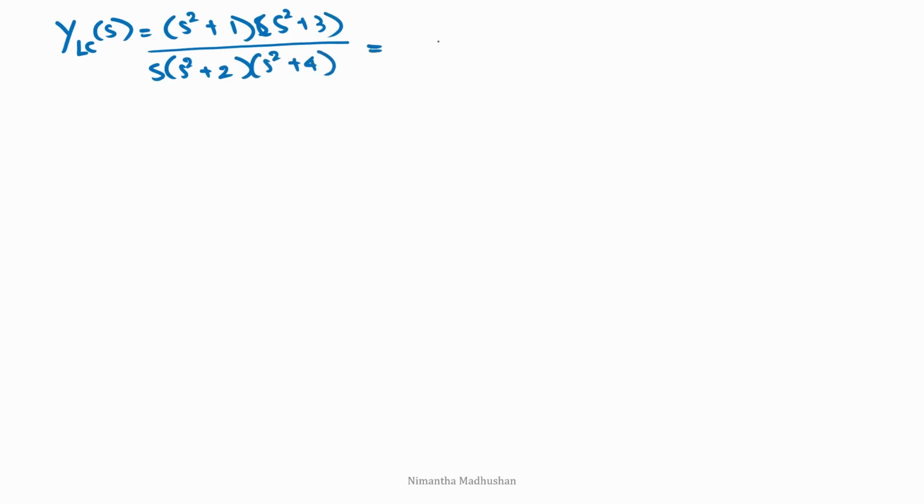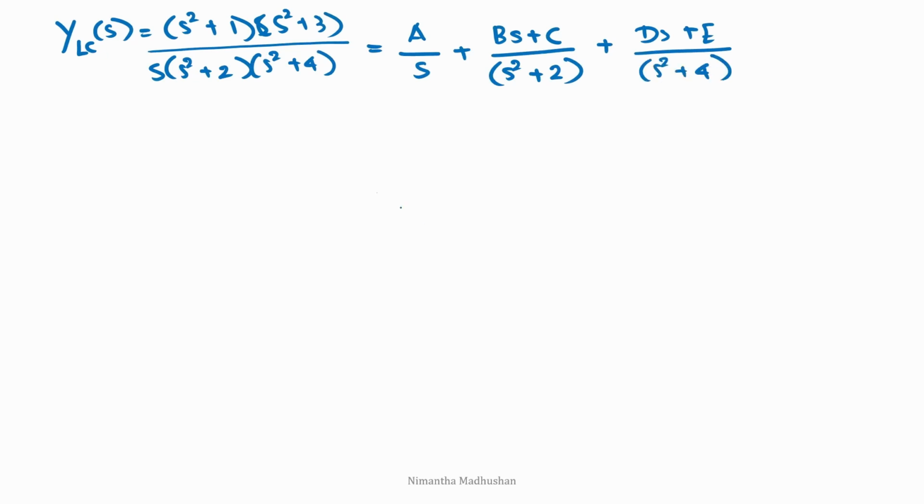We can write the partial fraction expansion as a over s, the first root, plus (bs plus c) over (s squared plus 2), the second term, plus (ds plus e) over (s squared plus 4). Now we have to find the values of a, b, c, d, and e.